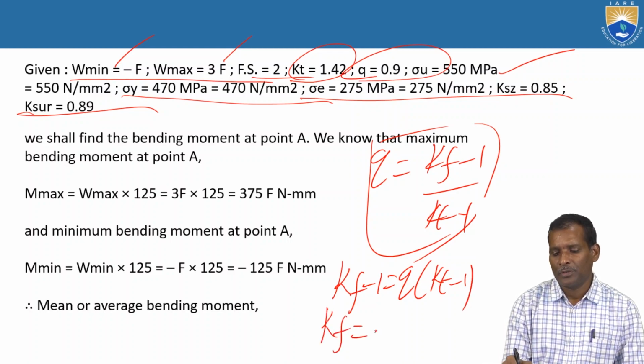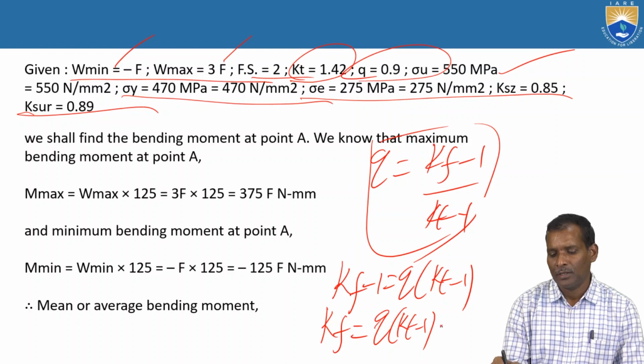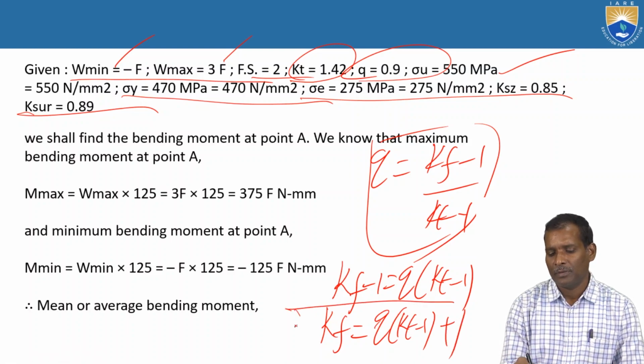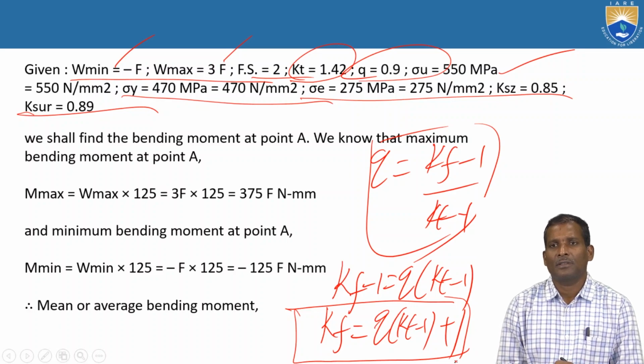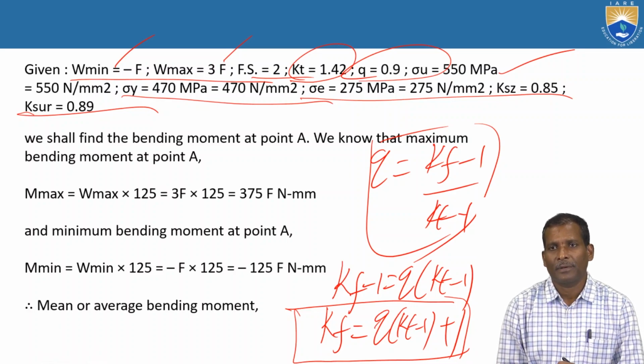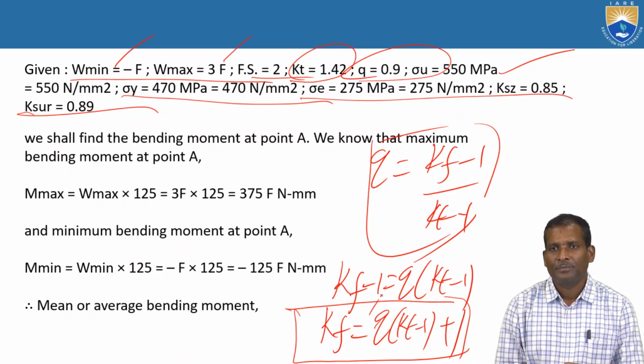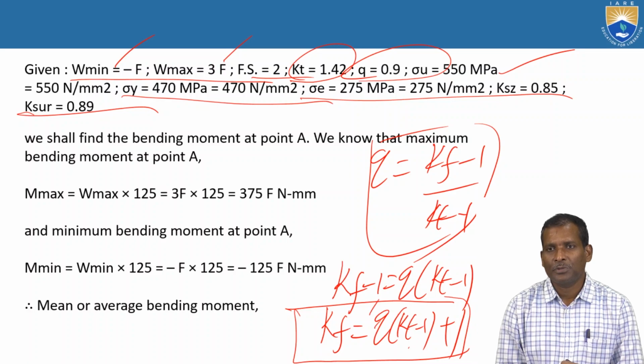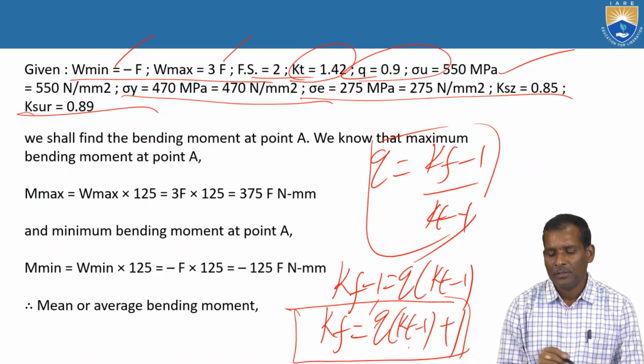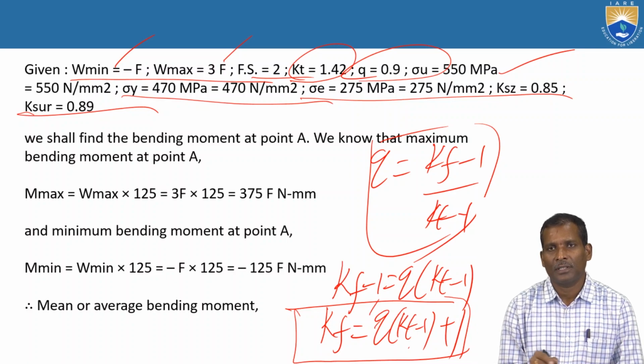So Kf, the fatigue stress concentration factor, is equal to Q into Kt minus 1, plus 1. So this is the relation between the theoretical stress concentration factor and fatigue stress concentration factor in terms of notch sensitivity. Here, notch sensitivity value is given and theoretical stress concentration value is also available. So substitute those values in this and find out the fatigue stress concentration factor.